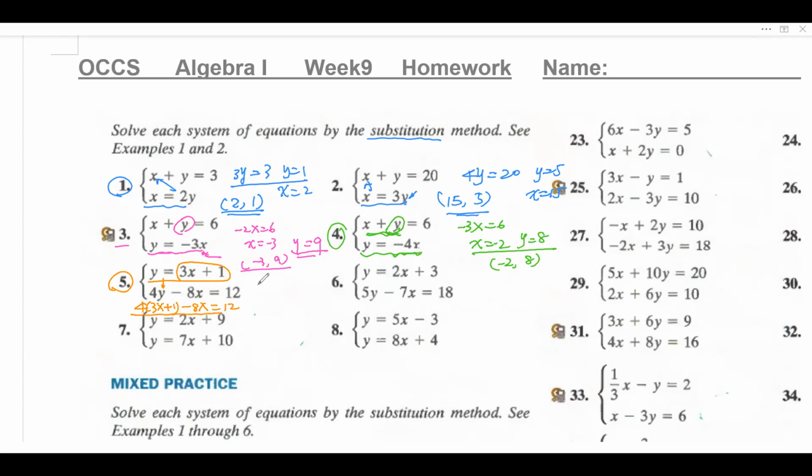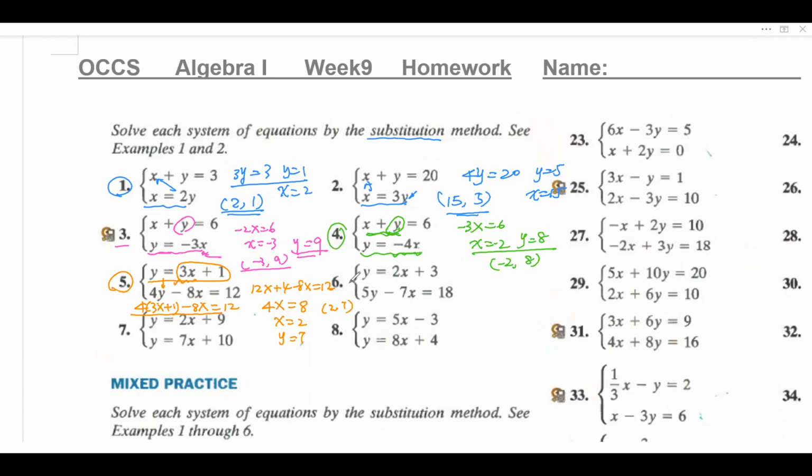First we need to distribute, so we get 12x plus 4 minus 4x equals 12. So here it becomes 8x equals 8, so x equals 1. So y equals what? Put 1 back here: 3 times 1 plus 1 equals 4. So the result is (1, 4).